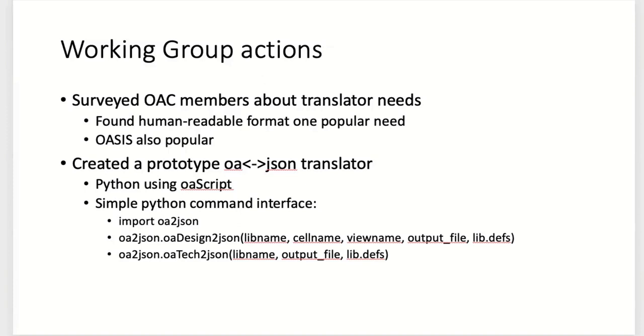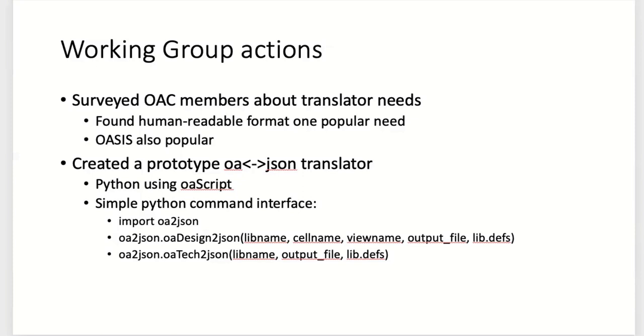So it was a really good match for what we needed for this working group. It made it relatively easy to start generating JSON from OA. We could traverse through the model and create JSON and put it out and get started very quickly. So the capabilities of OA script and all were really very helpful with this working group.